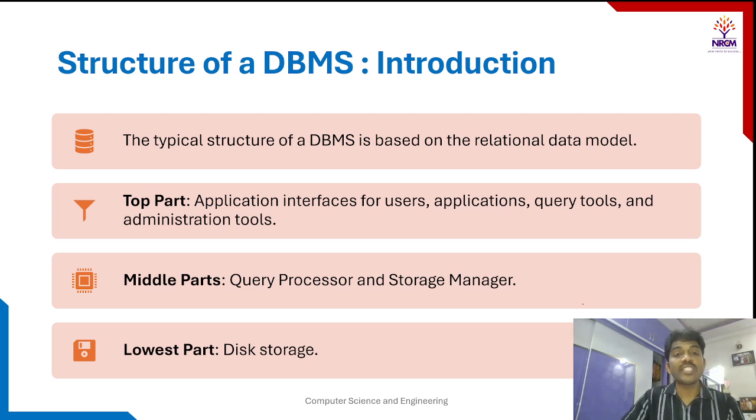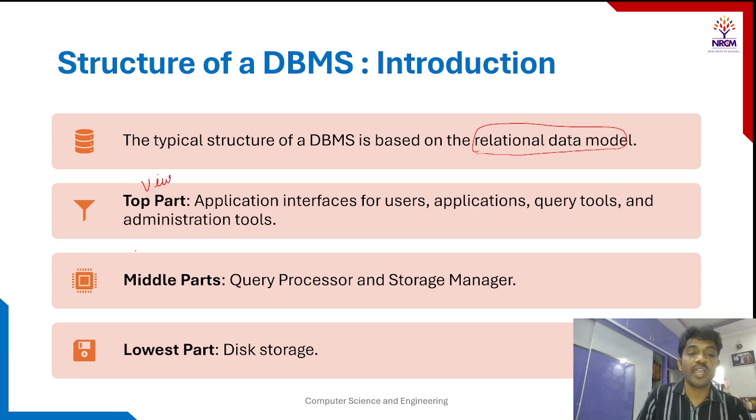Right now we'll see the structure of the database management system, DBMS. Typically the structure is based on the relational model. The entire subject we are going to consider in the relational data model. At the top is the view model, then the logical model, and then the physical model.